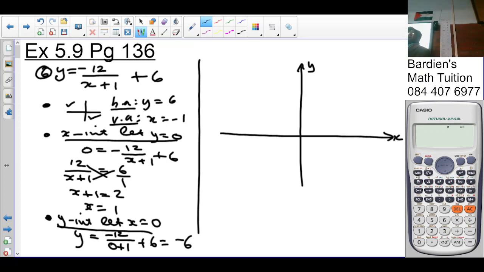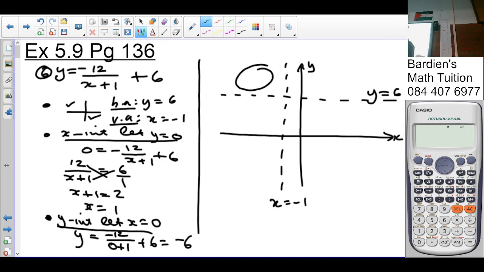So the first thing we draw in is our asymptotes. We have y equal to 6, which is fairly high there, and x equal to negative 1. So the graph is going to lie in that quadrant there and this quadrant here. Not so. So what we do now is say, okay, it's going to touch your x at 1 and your y at negative 6.